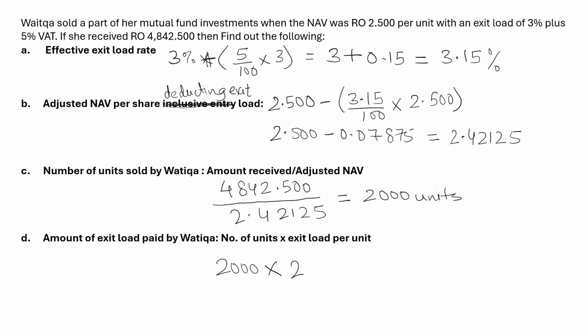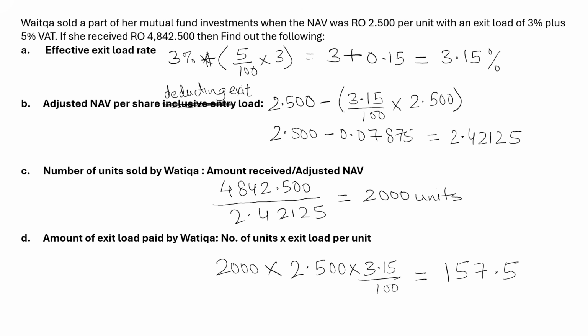Exit load per unit means 2.5 multiplied by 3.15 divided by 100. So when you calculate this together, we will get the answer 157.5. I hope this point is also clear to everyone. This is the sale of mutual fund.